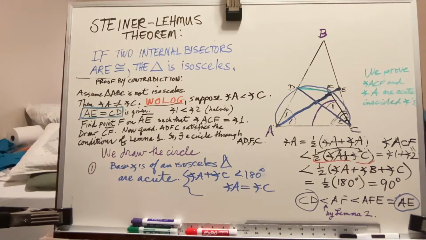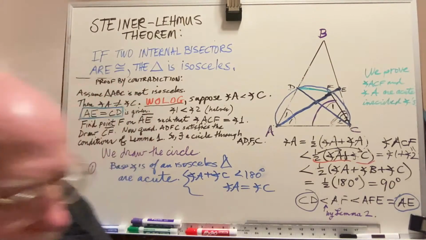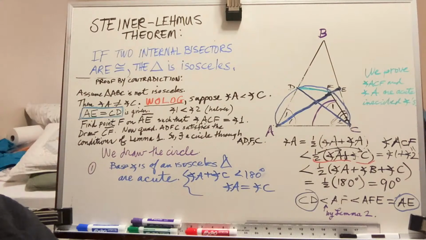The reason A plus C is less than 180 is you have to have something for B. So that's the end of this, and hopefully you can understand my blunders and also the proofs.